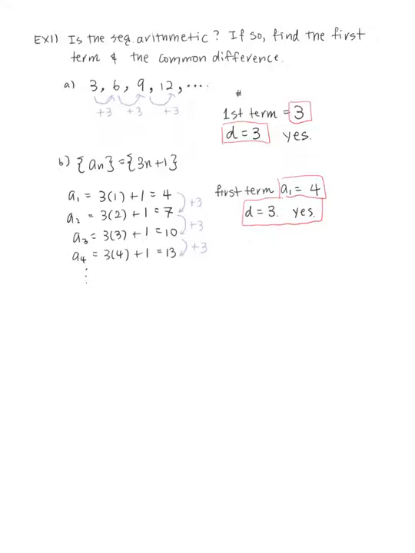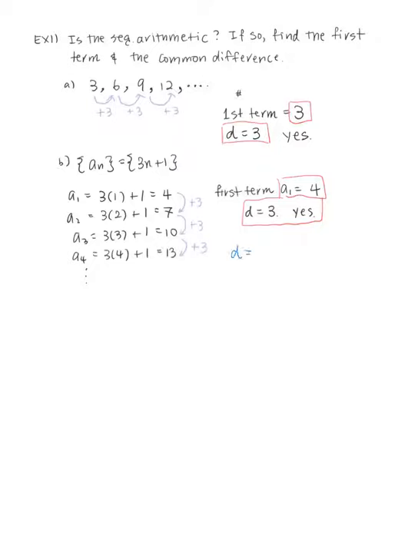Okay, now let's look at this in a slightly different way. Our a sub 2 is 7, and a sub 1 is 4. So 7 minus 4 gives us 3, right? And then the difference between a sub 3 and a sub 2, 10 minus 7, that's 3. So in fact, isn't this what we're doing?